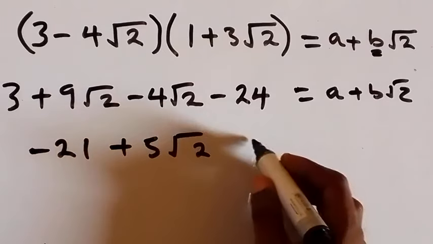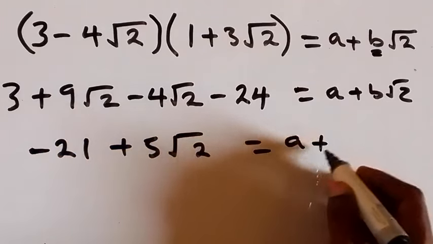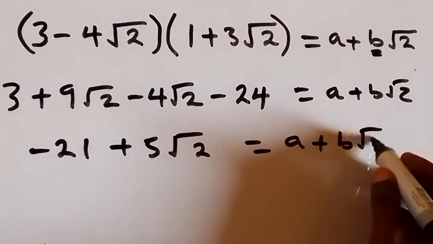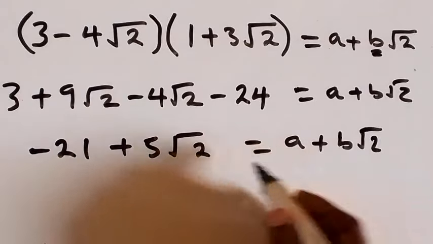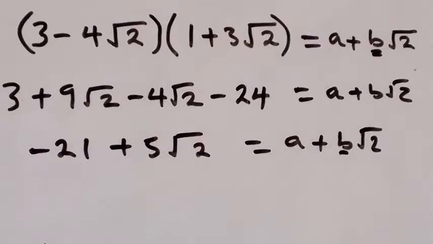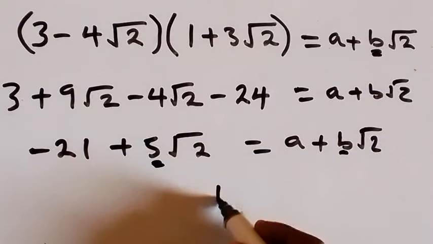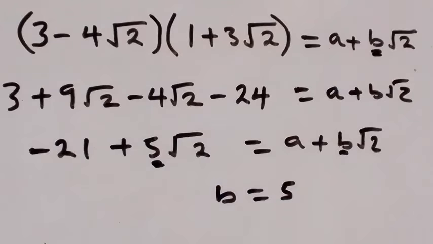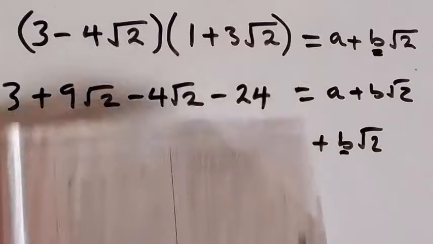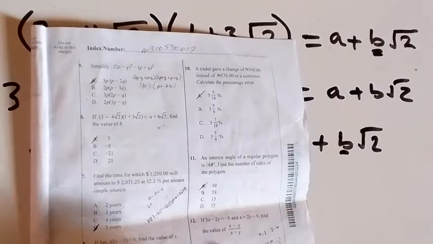When we compare it with a plus b root 2, we can see that the coefficient of root 2 here is b, and the coefficient of root 2 here is 5, and therefore b is 5. When we check the correct option from what we are given, the correct option there is option A, which is 5.